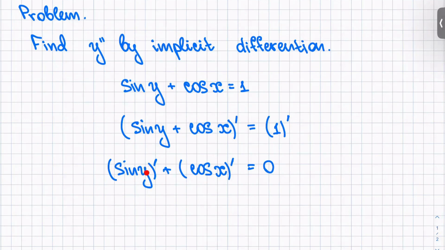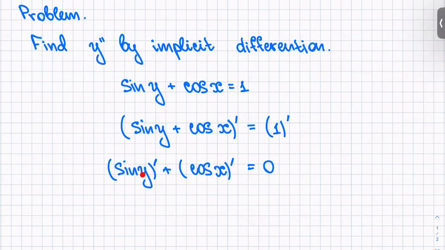First of all, dear students, and this is very important, this is exactly where the chain rule comes in. Here we have sine as our outer function, and the argument of sine is y.